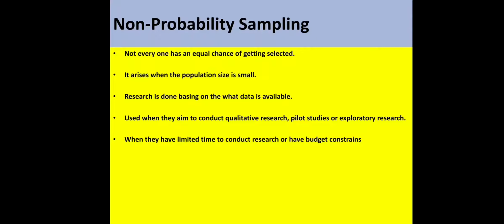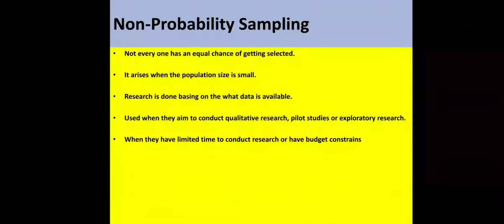Also when they have limited time to conduct research or have budget constraints. So we should understand that non-probability sampling is based on judgment, it is non-random. Also, by knowing the sample, samples are being chosen. In a way, it is purposeful sampling. Clear?